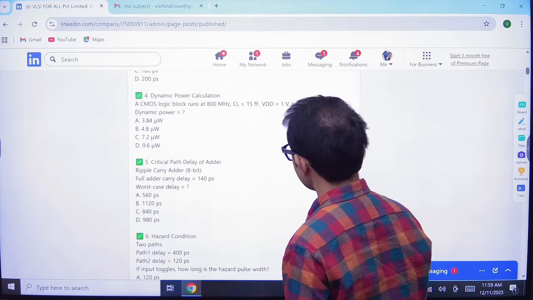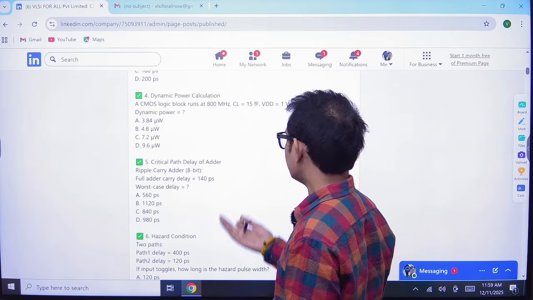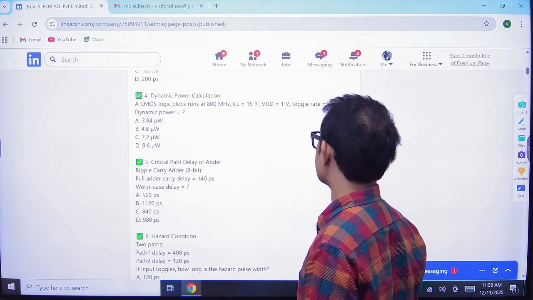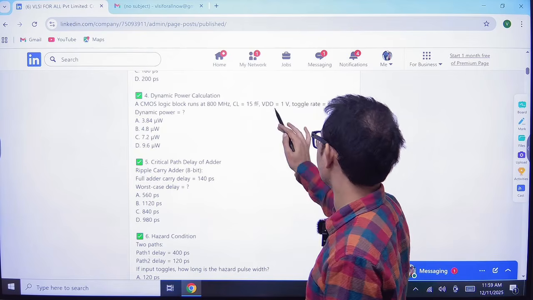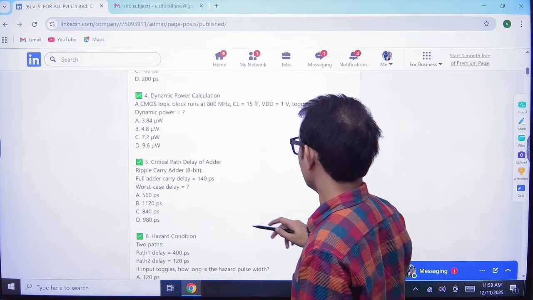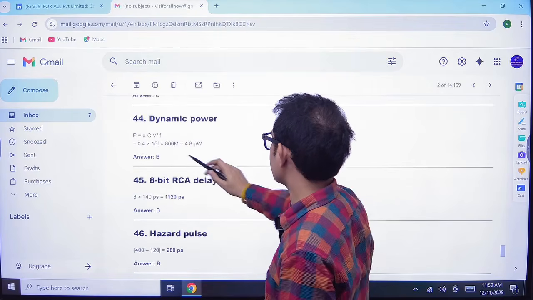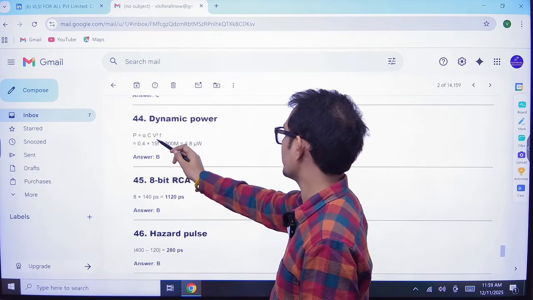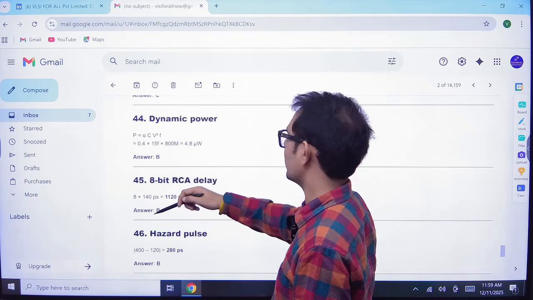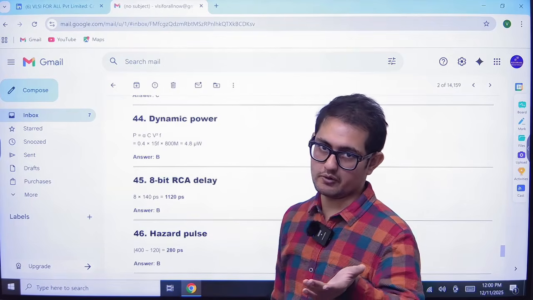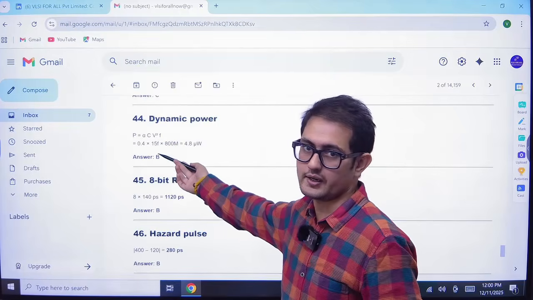Dynamic power calculation, this is very important, right? And we have already seen the formula. We are given the frequency, the capacitor value, the voltage value and the toggle rate, right? So the dynamic power formula, this toggle rate into half, sorry, this is not a half. We have the half for the generalized static power mainly, right? But here the toggle rate is 0.4.